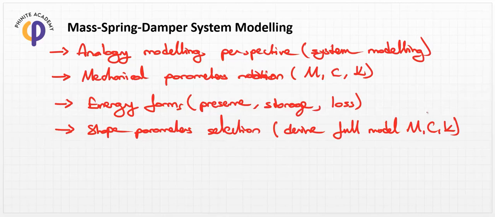For example, M is the density times the volume, and volume is a shape, and so we can derive the mass parameter based on the shape parameter selection or in physics notation.